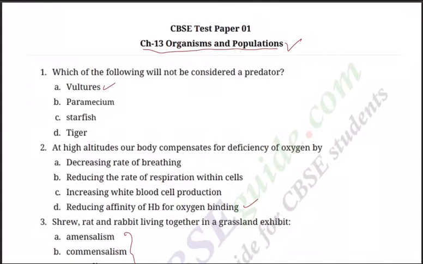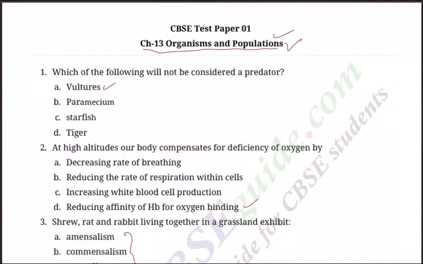That means 10 plus 4 plus 8, totally 22 marks. So this revision of important question answers will help you get maximum marks, or if you are a bit focused, you will get 22 out of 22 in section A. That is our aim. With that in the background, let's move on to chapter number 13, organisms and populations.